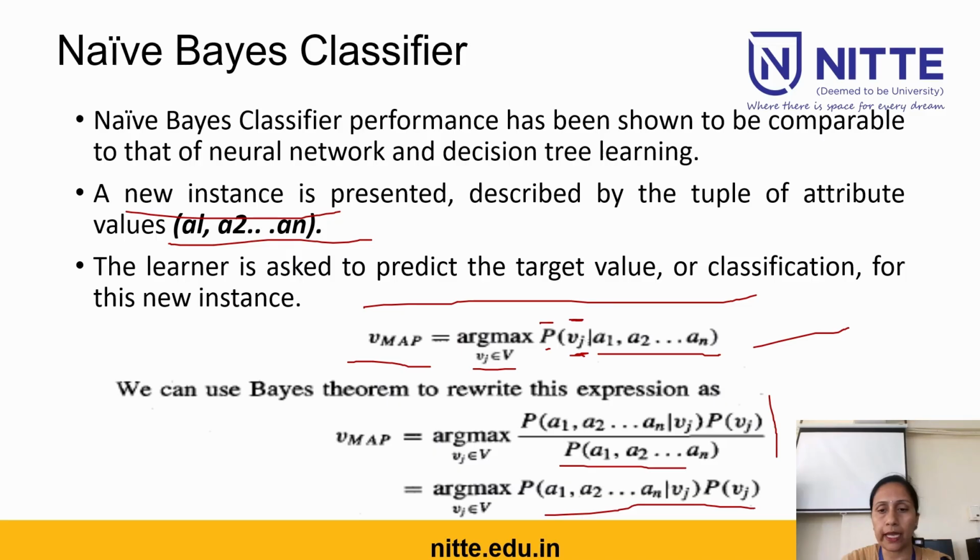The probability of all the attributes together is neglected because this is a term which is independent of Vj belonging to V. That's the reason the denominator has been neglected here. So ultimately it is the product of these two terms which is calculated. Whichever label Vj from the set V has the highest probability will be called VMAP, and that will be the label assigned to the new instance for which we are expecting the classification to be done.